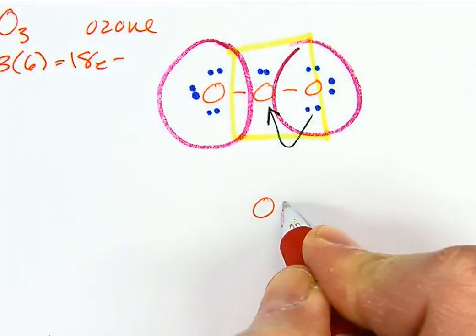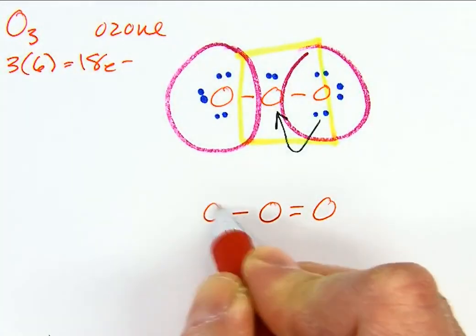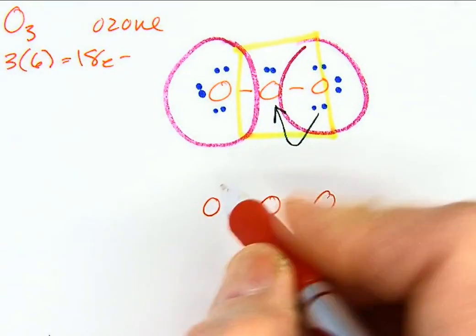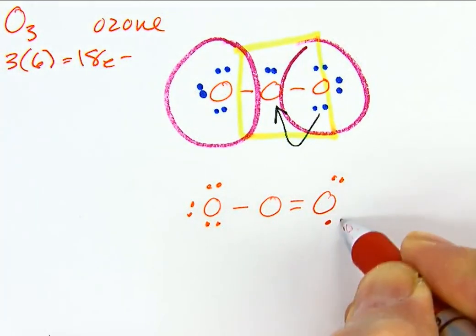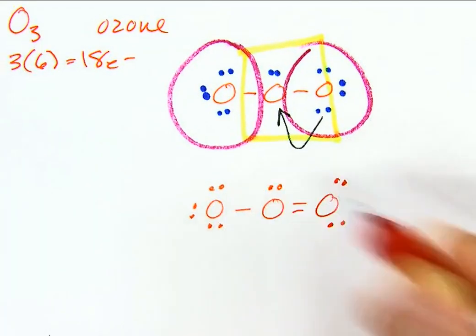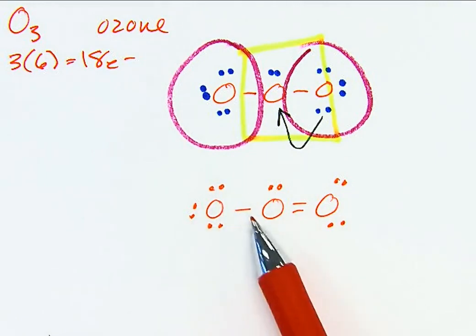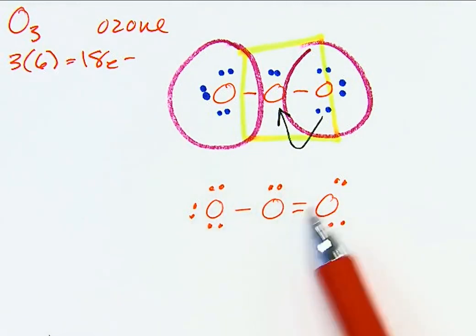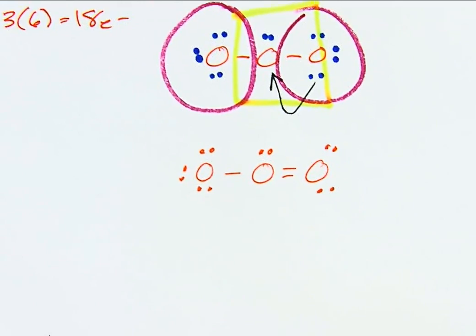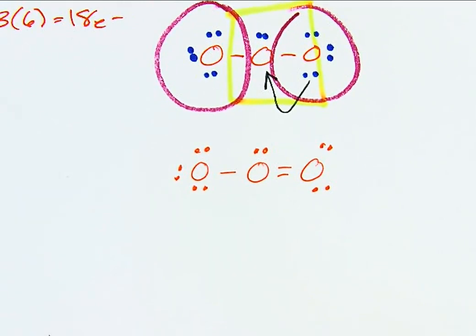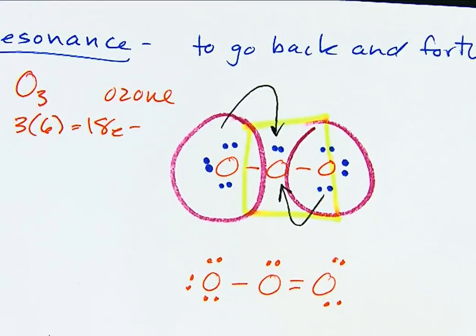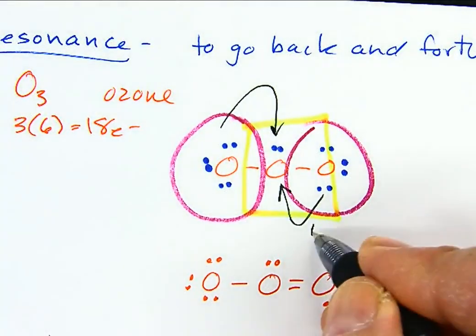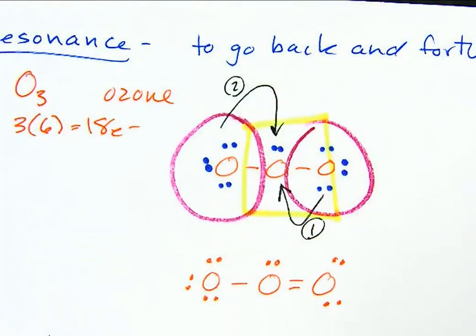But wait a minute. Let's say we do that. The other side would only have a single bond. Now we can color them in, and that's what we would get. Everybody has 8: 2, 4, 6, 8. The problem is that somebody on the other side of the classroom might have said, we decided to share these 2 electrons. So option 1 could have been this, and option 2 could have been that.